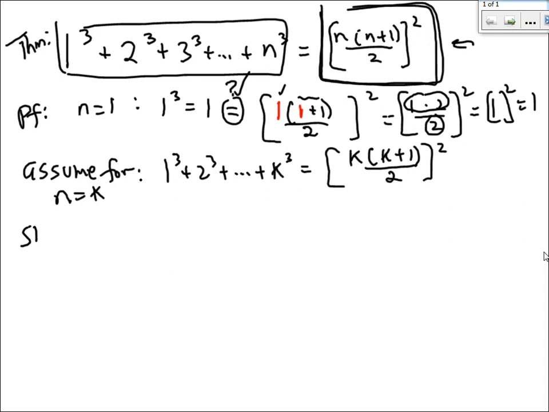Now we have to show the following. Show for n equals not k but 1 more.